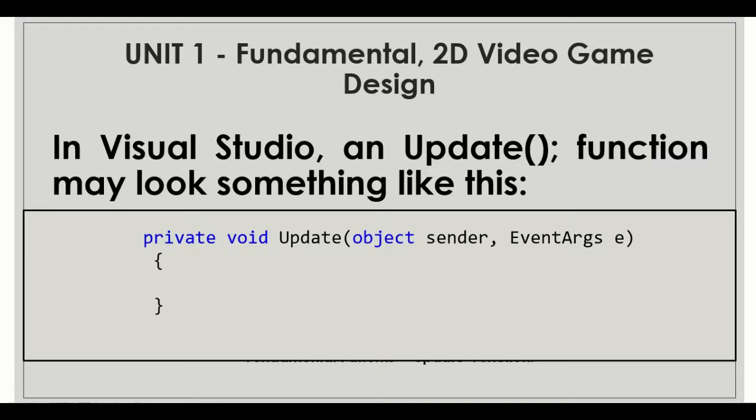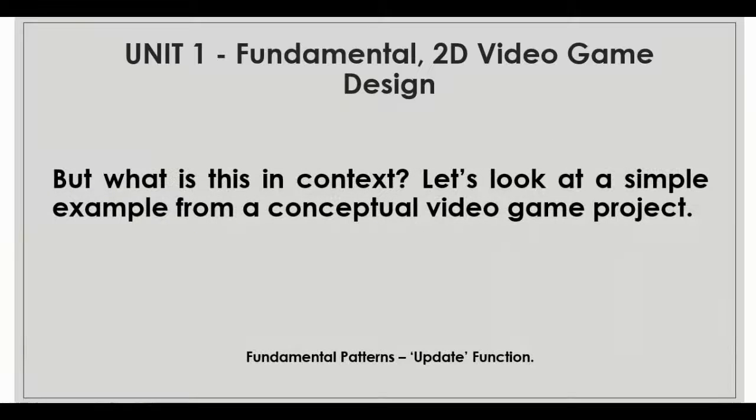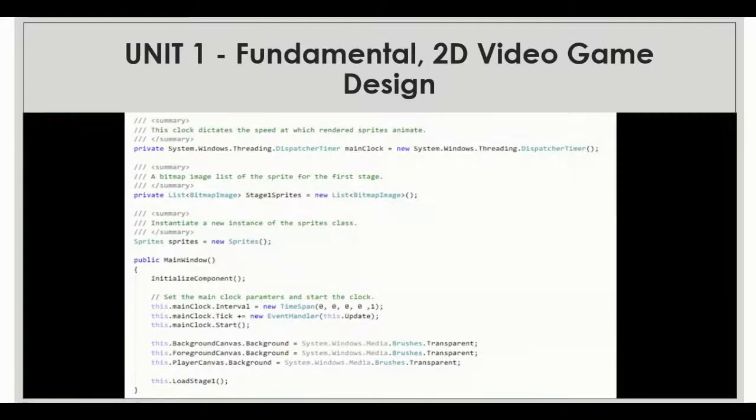So let's give an example, which I will go into actually if I continue with the slide. We're going to look at an example from a conceptual video game project that I prepared. In this particular example, you may not be able to see it very well because I'm not sure how the capture software is getting this contrast.